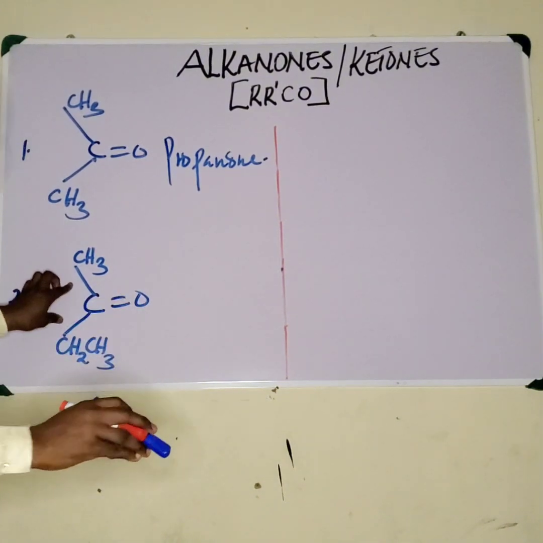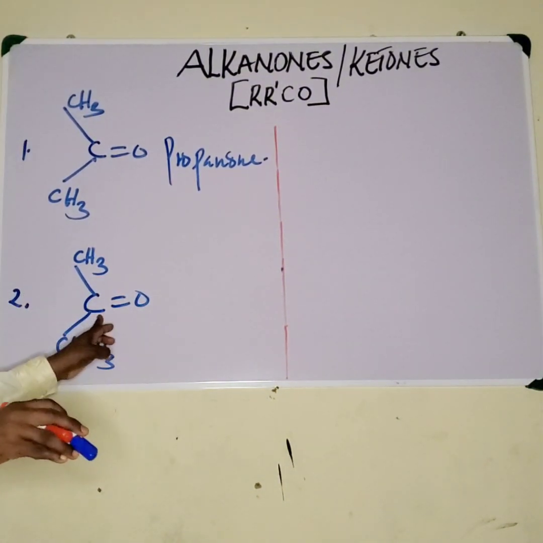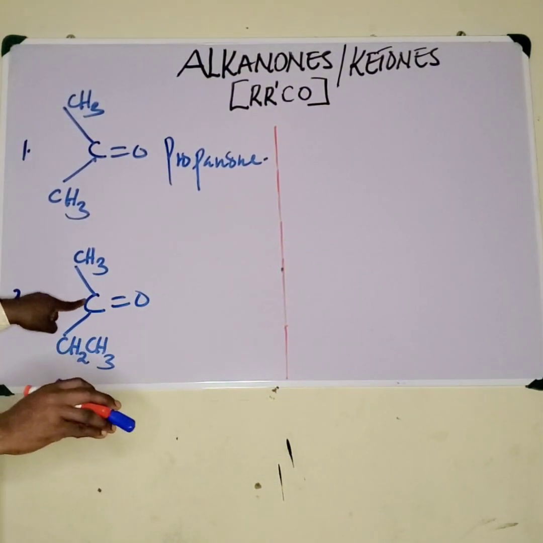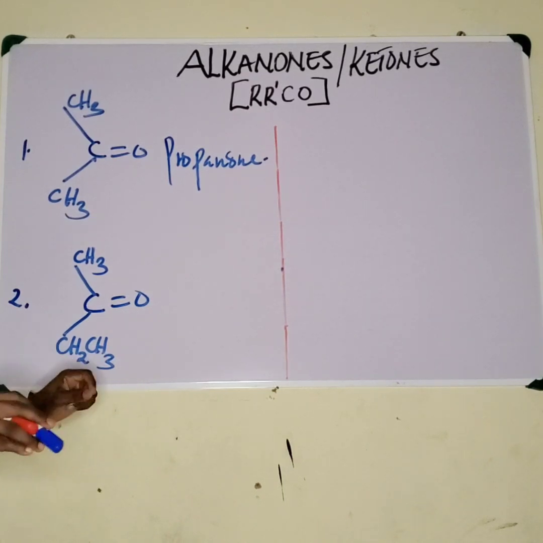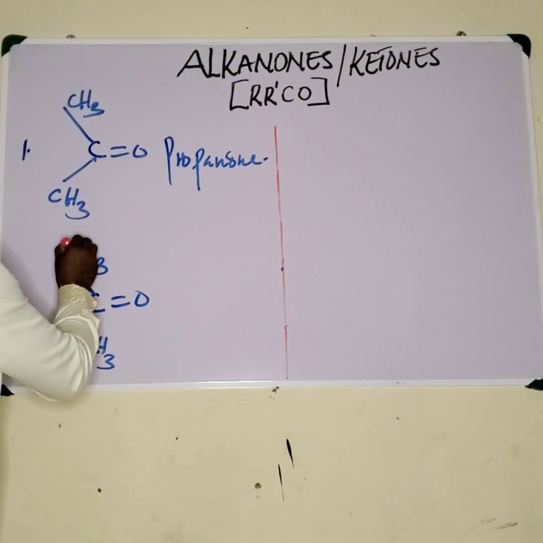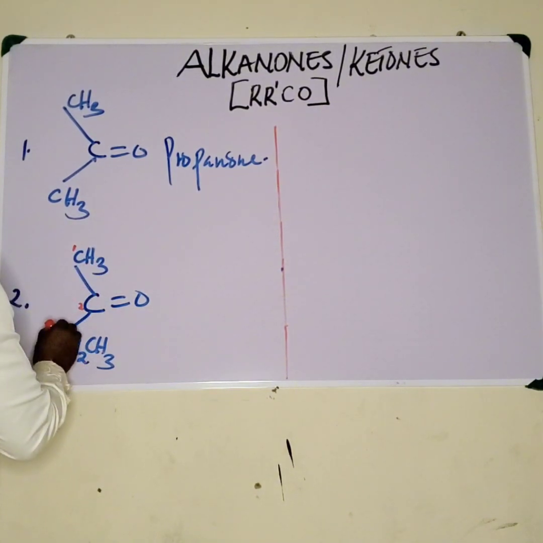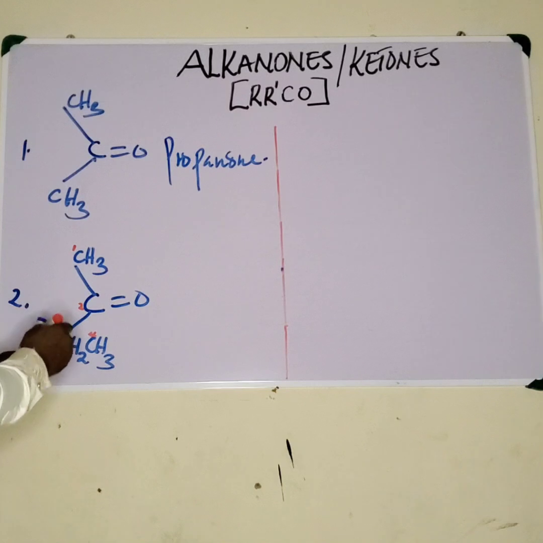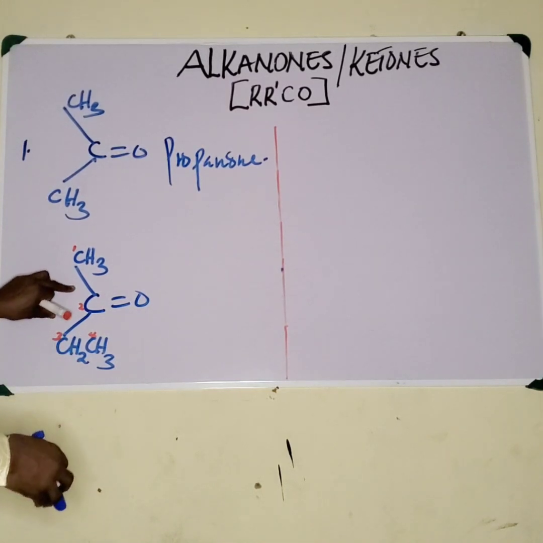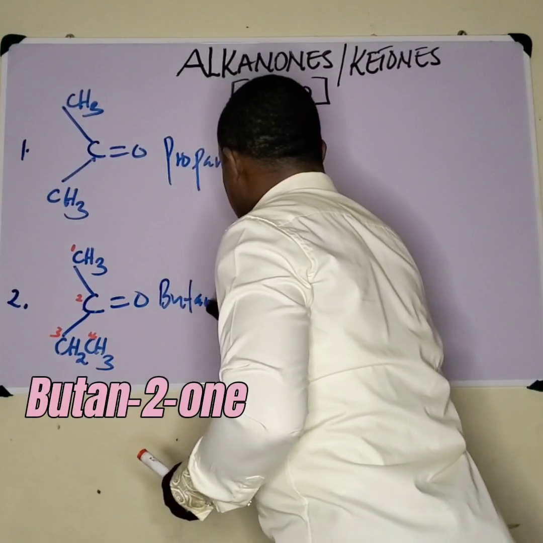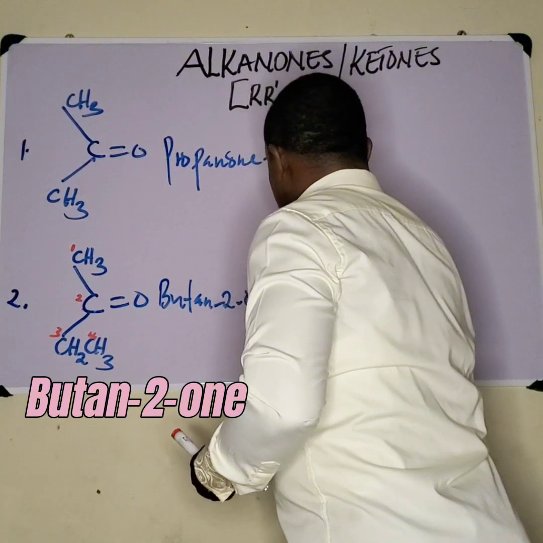Please do not get it twisted. If you start your longest carbon chain from here, 1, 2, 3, you are not going to get the longest carbon chain. So for you to get the longest carbon chain, you are going to start from here, 1, 2, 3, and 4. So this one becomes butan-2-one.